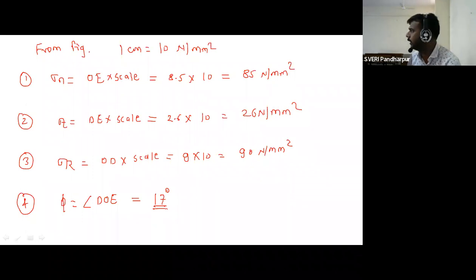So this is the graphical method. Understood the procedure? Now all these answers we have to verify with the analytical method. आता ह्याच्यामध्ये तुम्हाला फॉर्म्युला माहिती आहे रिझल्टंटचा. स्क्वेअर रूट ऑफ सिग्मा एन स्क्वेअर प्लस सिग्मा टी स्क्वेअर. त्याचा आन्सर किती येते रिझल्टंटचं बघा. 85 स्क्वेअर प्लस 26 स्क्वेअर आणि परत त्याचा स्क्वेअर रूट 88.88.